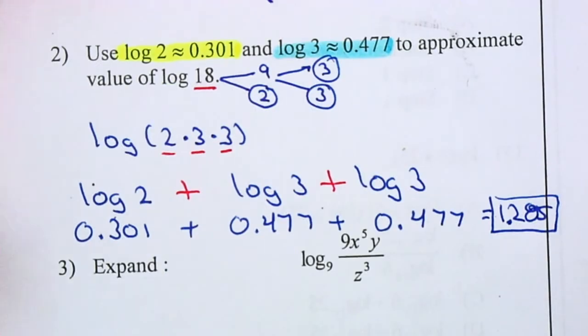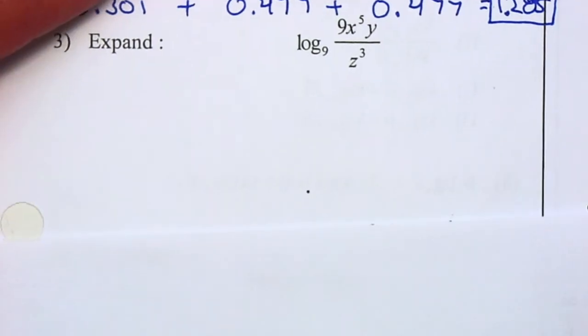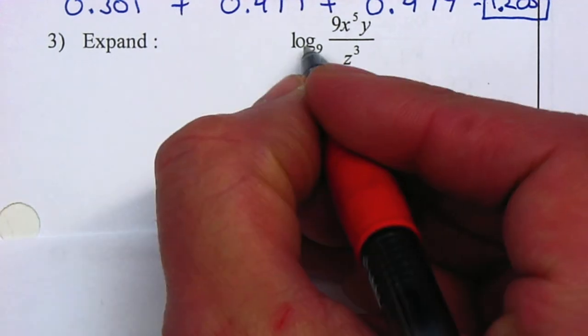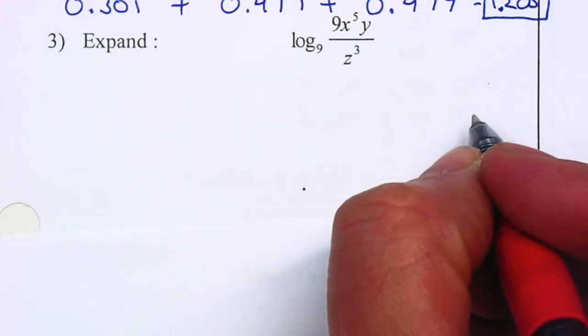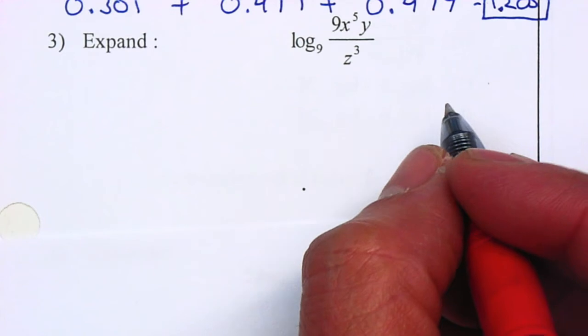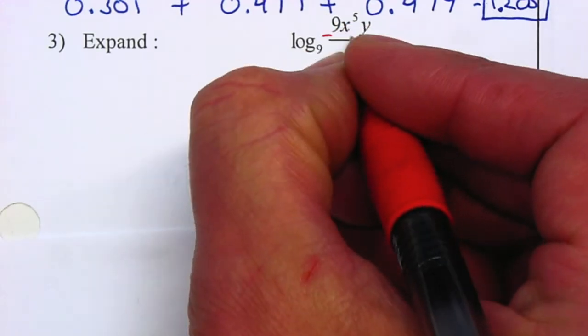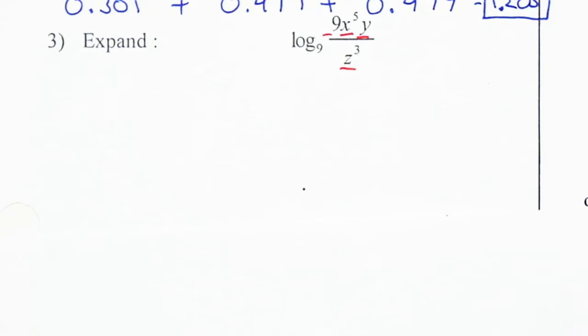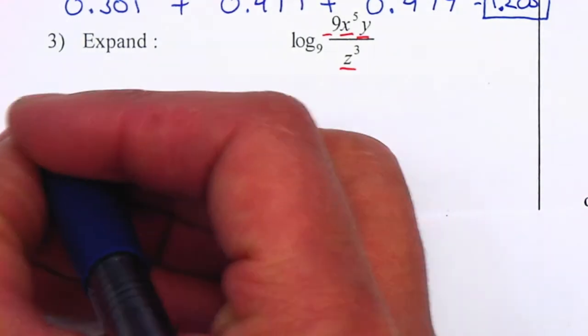Let's continue with problem number 3. I want to be able to expand it. I have 1 log, and I want to expand it into different logs. We need to find out how many components we have. We have the 9, the x, the y, and the z. We have 4 components, so therefore we need to have 4 logs. All of them will be with base 9.